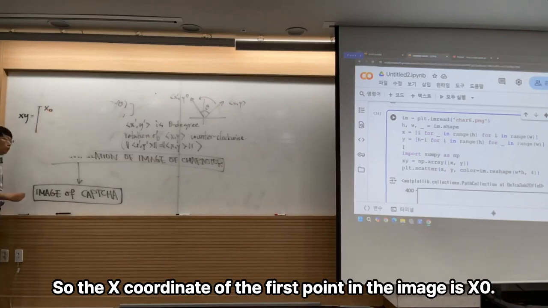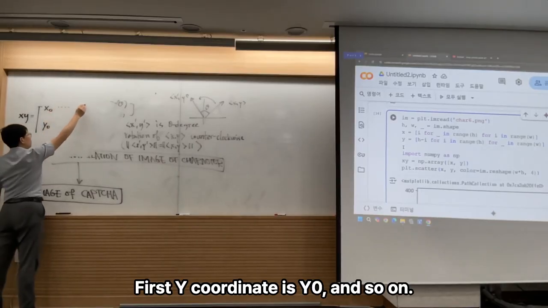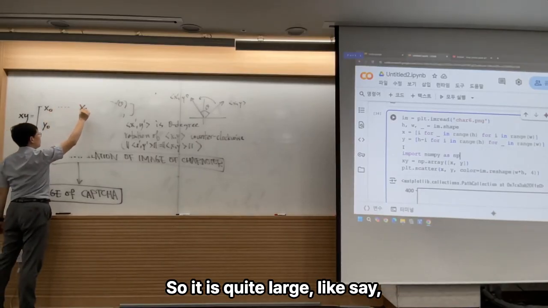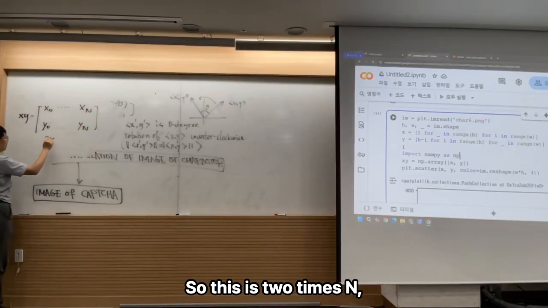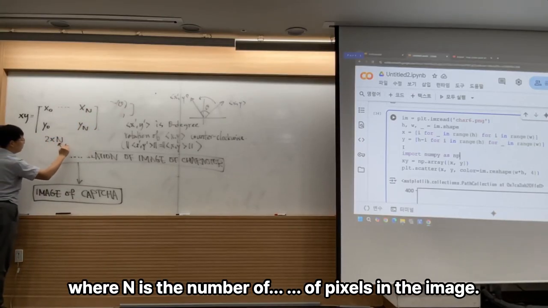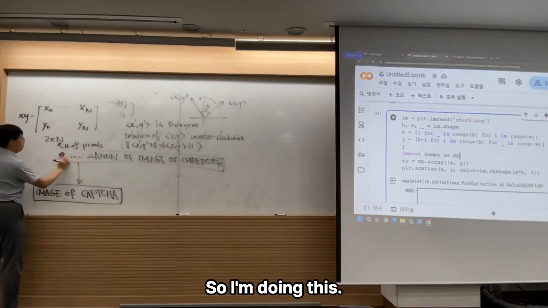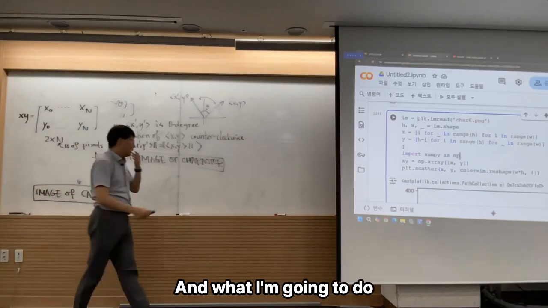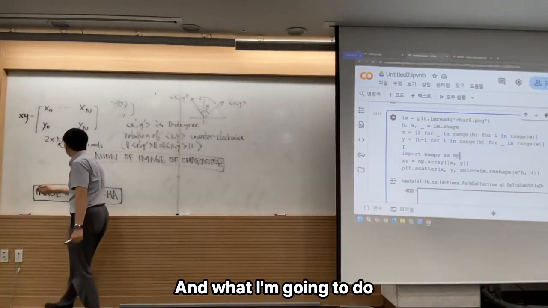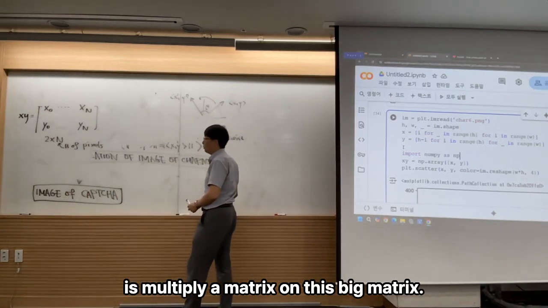So the x coordinate of the first point in the image is x0, the first y coordinate is y0, and so on. It's quite large, say a big number n for x and n for y. So this is 2 times n, where n is the number of pixels in the image. I'm making this 2 by n matrix, and what I'm going to do is multiply a matrix onto this big matrix.